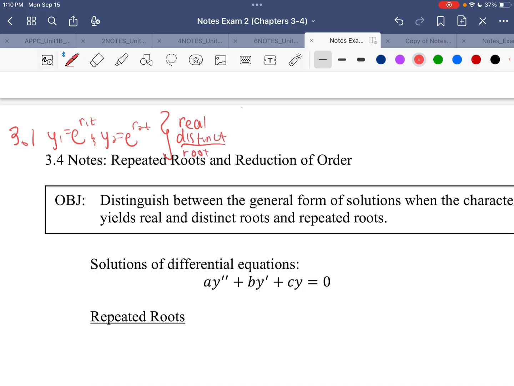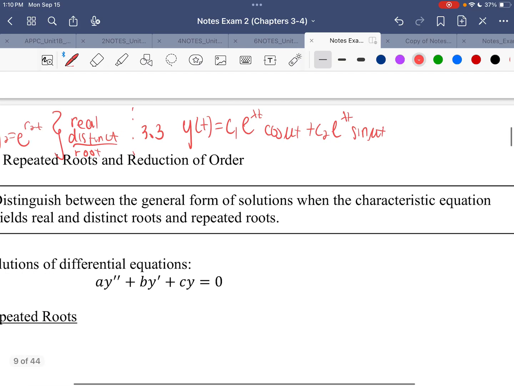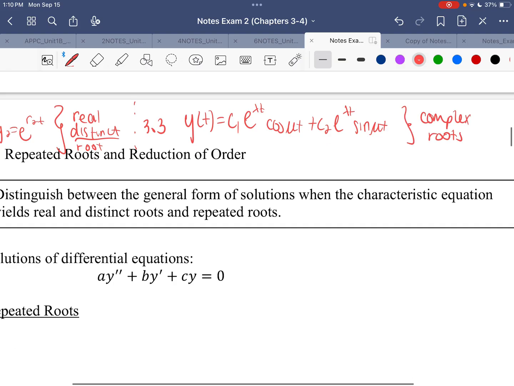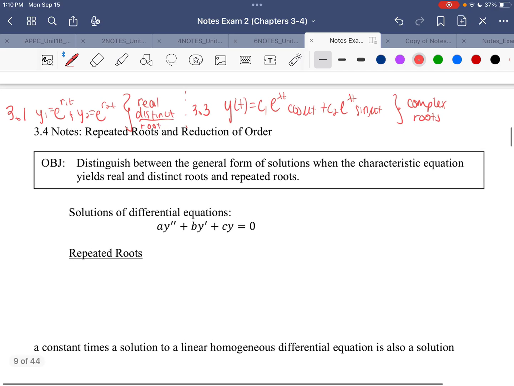Then in 3.3, we talked about having y of t equal to c1 e to the lambda t cosine mu t plus c2 e to the lambda t sine mu t. And this was complex roots. Today, we're going to deal with repeated roots and reduction of order.